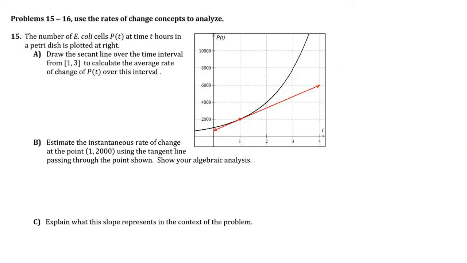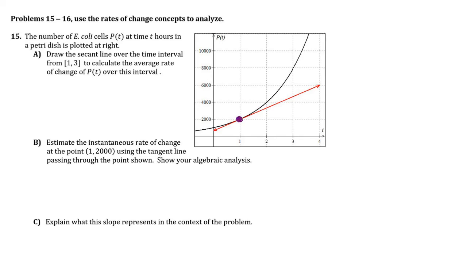All right. Okay, so number 15, the number of E. coli cells, P(t) at time t in hours in a petri dish is plotted to the right. Now we need to draw a secant line over the time interval from 1 to 3. So at 1, 1 is going to be right here.